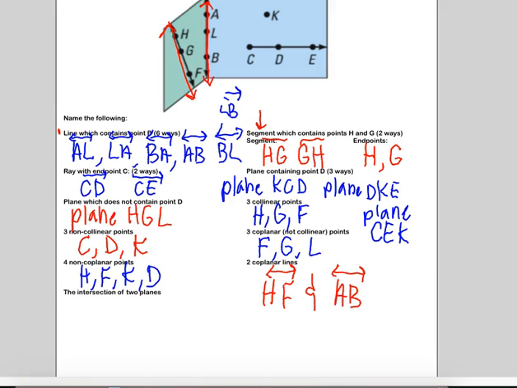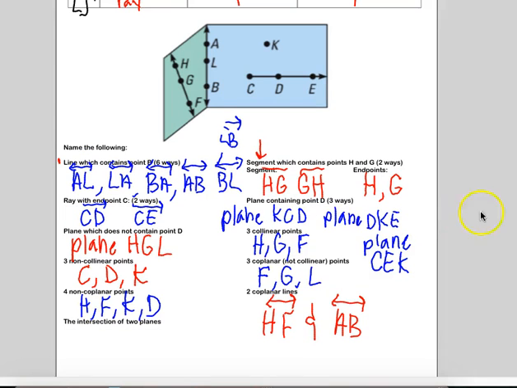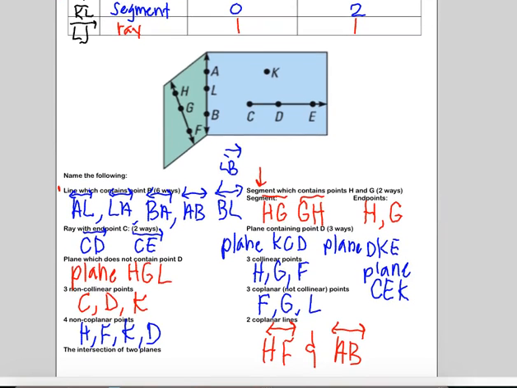And this is kind of a trick question. We haven't quite yet talked about this, but I think we're smart enough to figure it out. If we look here at this picture, it wants to know what the intersection of 2 planes is. Well, let's look. I know I have 2 planes, right? Because one's green here, and then I have this blue one.